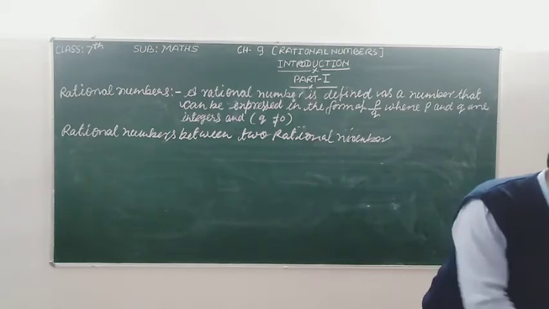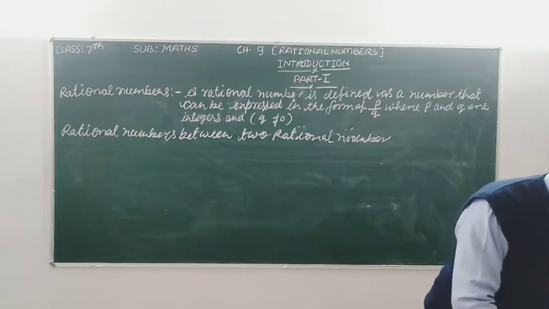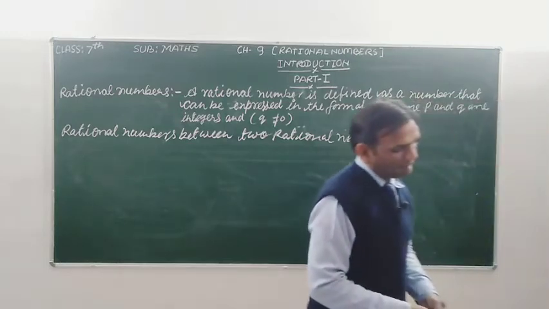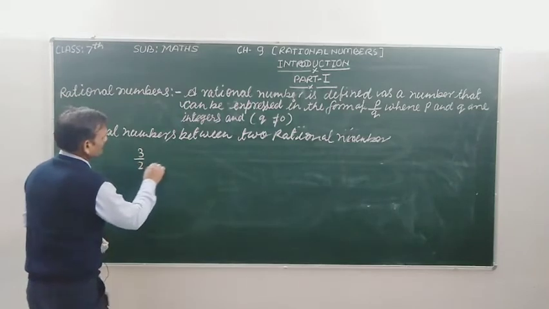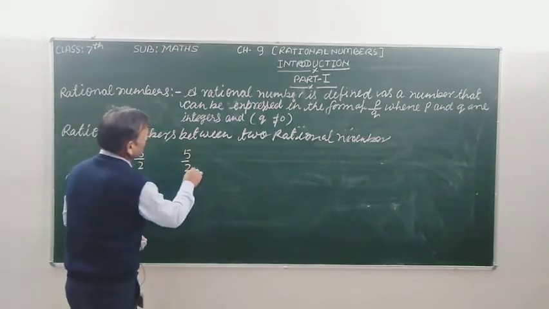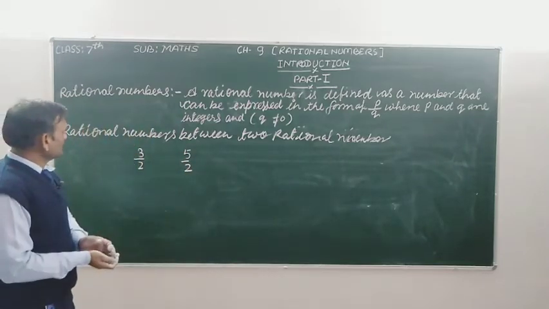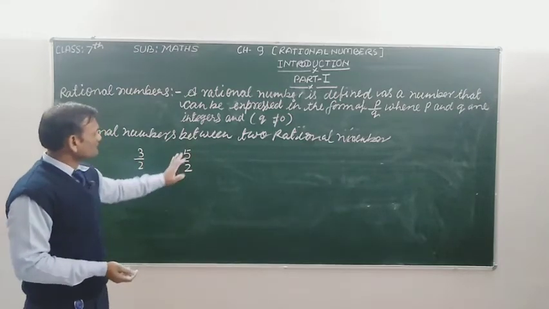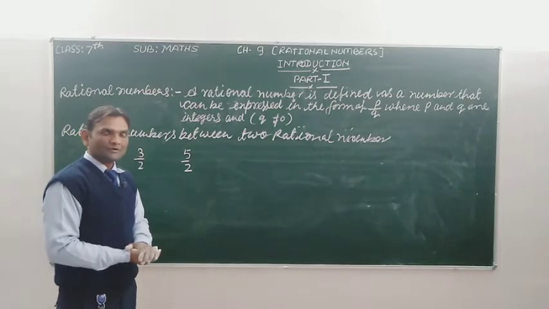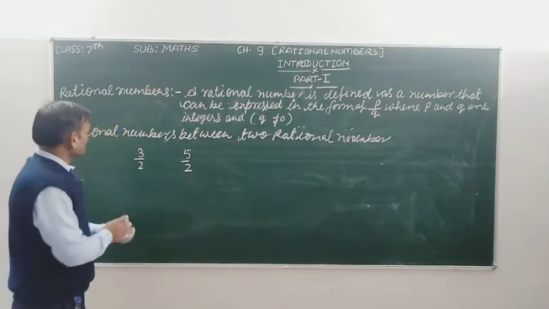I am taking an example here, student: 3/2 and 5/2. Here are two rational numbers, 3/2 and 5/2.